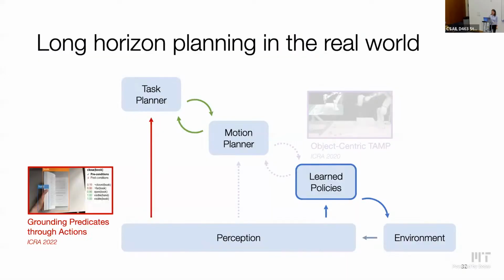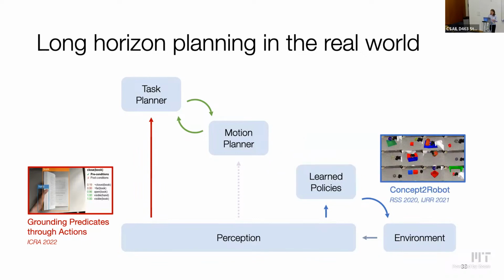And so that's why we were thinking, as a first step towards scaling this TAMP system up, what if we try to replace the hand-designed reactive controllers with learned policies that don't require privileged information or full state information about the object meshes and poses, and can operate on raw sensory data instead.